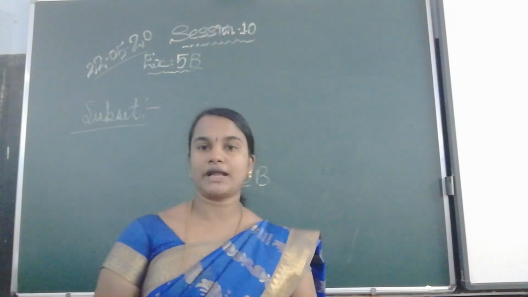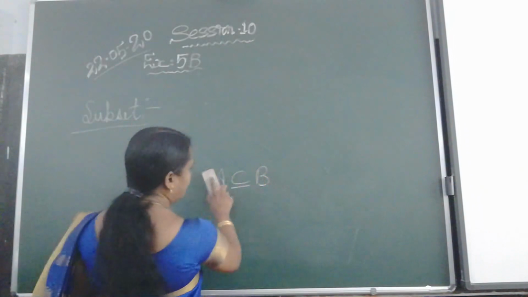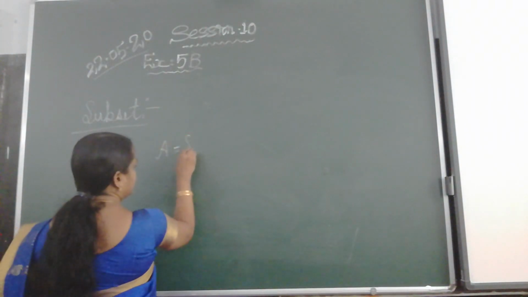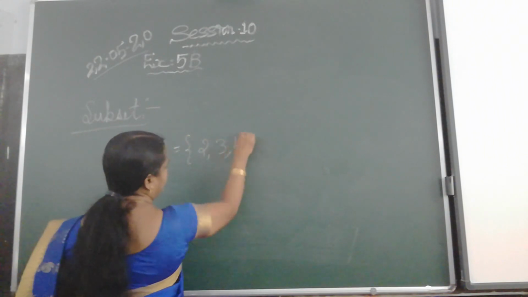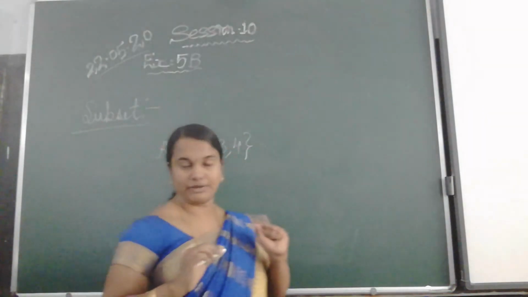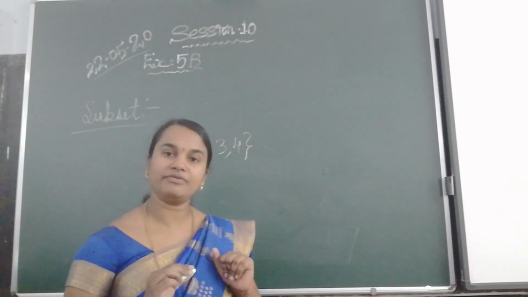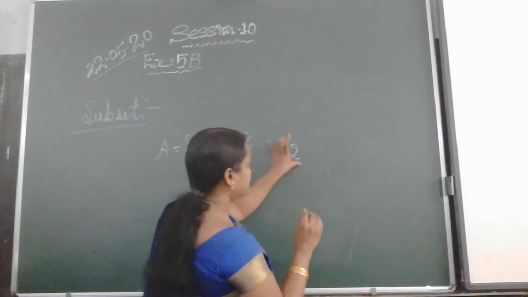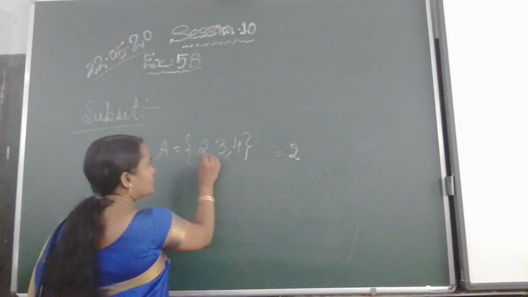And how will we find out the number of subsets? If the set is given like this, here it is given 2, 3, 4. Three elements are given. We have to find the subsets. Children, the formula is 2 to the power n. The base never changes, it will be 2 only. And we have to count the elements.